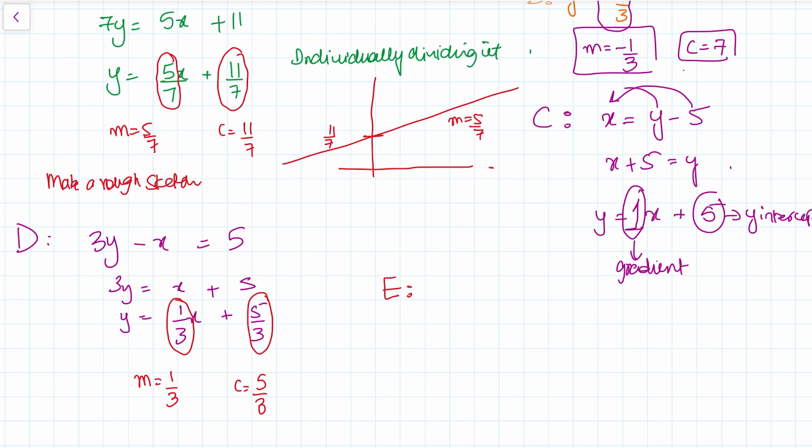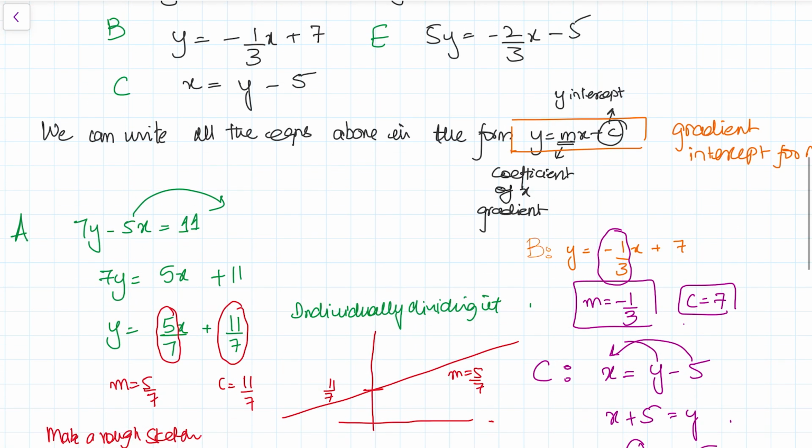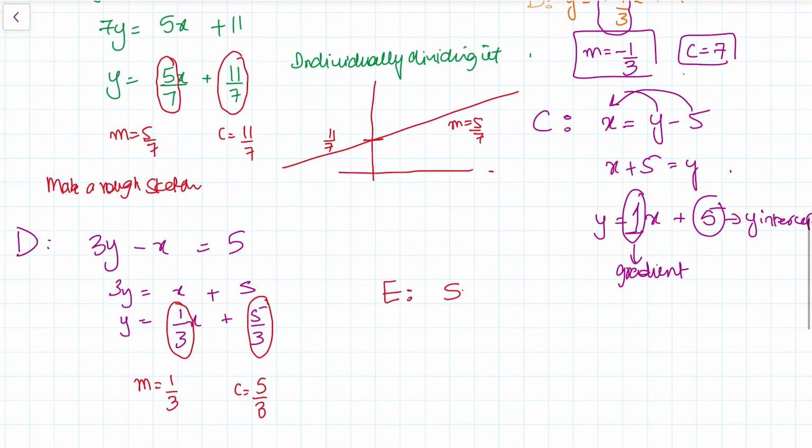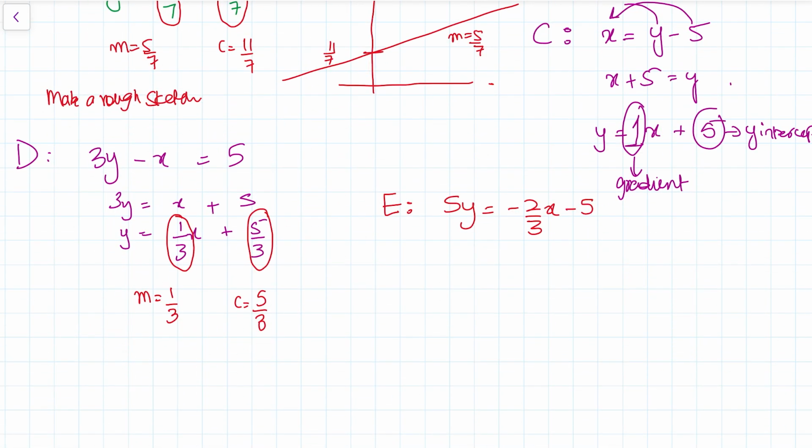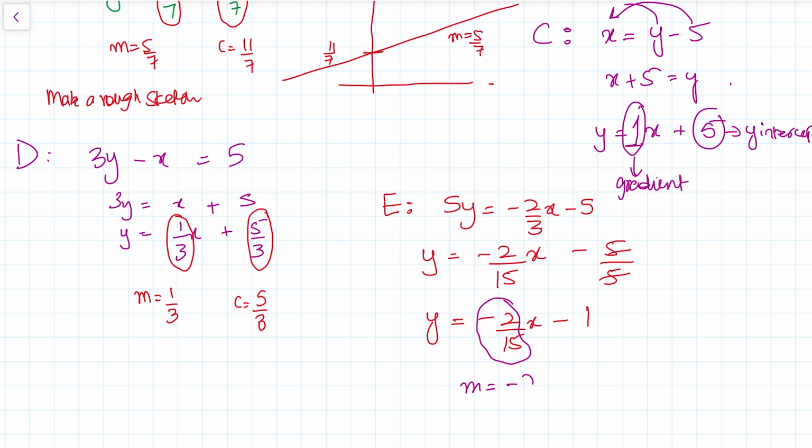Now, let's look at the E part. 5y equals minus 5. Now, this 5 will go on the other side and divide. So, 3 into 5 is 15x. Cancels out. Now, let's pick up the gradient. The gradient is going to be minus 2 upon 15. And the intercept is going to be minus 1.